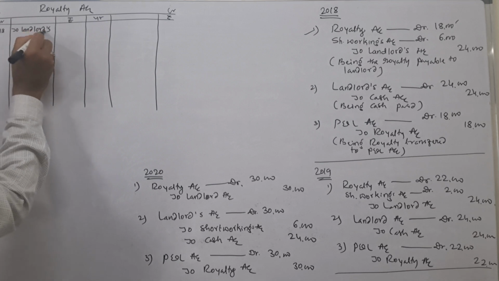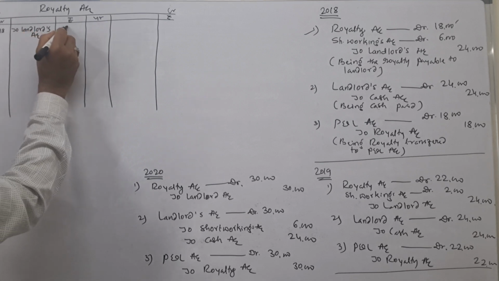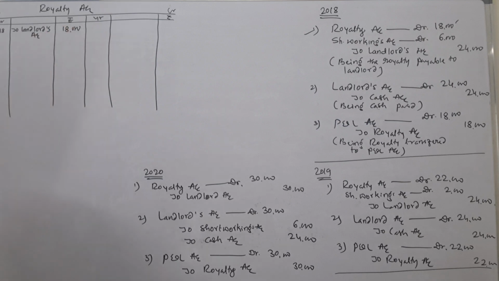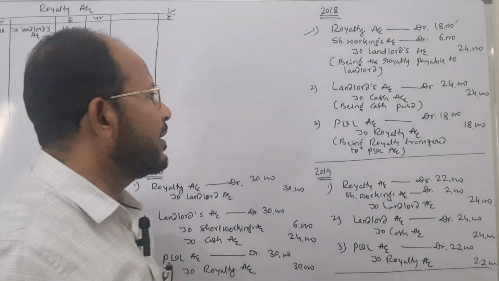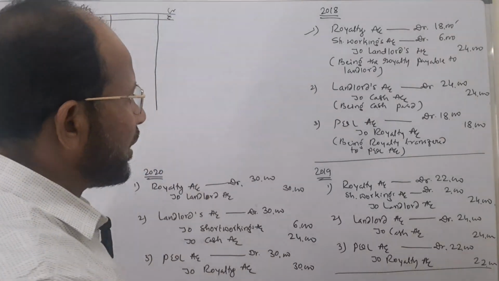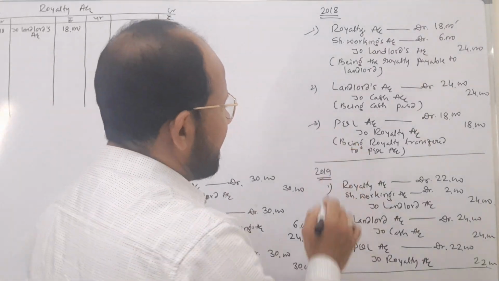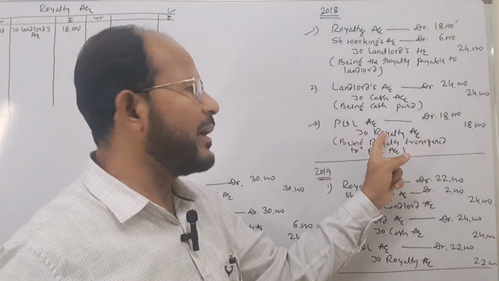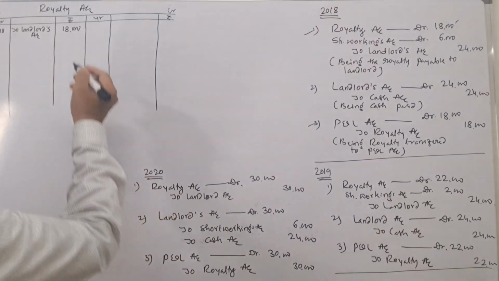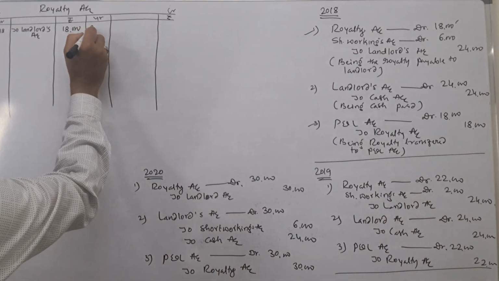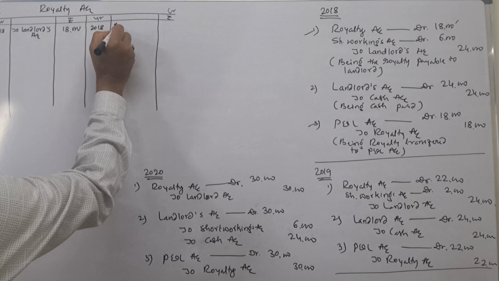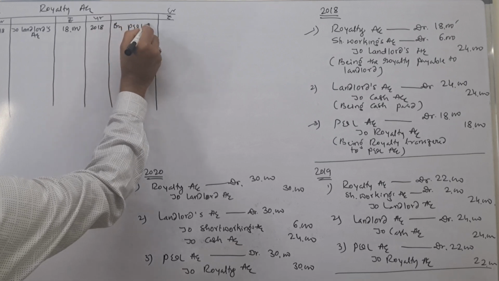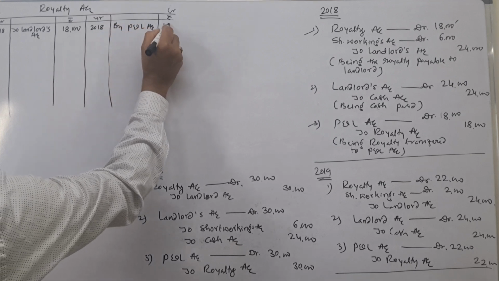What is the amount of actual royalty? Rupees 18,000. Very simple thing is there. When this royalty account is closed, just you see the third journal entry: profit and loss account is debited and royalty account is credited. That is why on the credit side of royalty account, you write year 2018, by profit and loss account rupees 18,000.